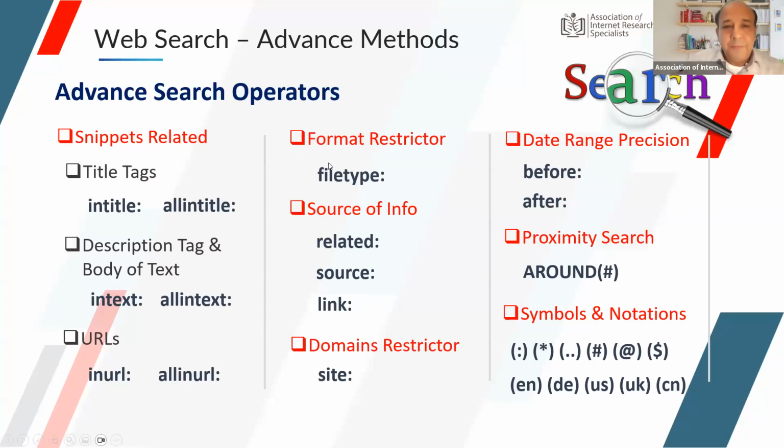Then we have a format restrictor, we call it, which means we want to restrict the search to look for content that is within a certain file type, basically either a PDF or any specific format which is supported by the file type colon operator.